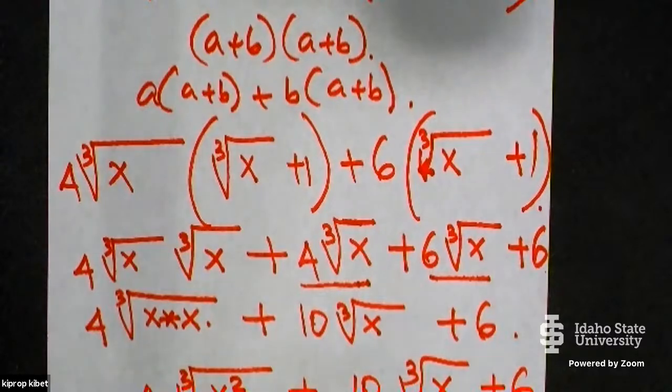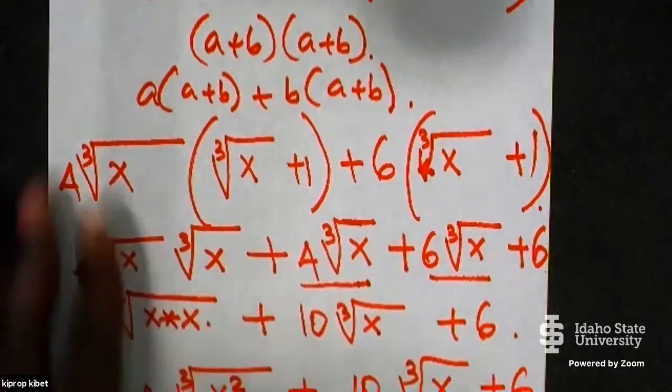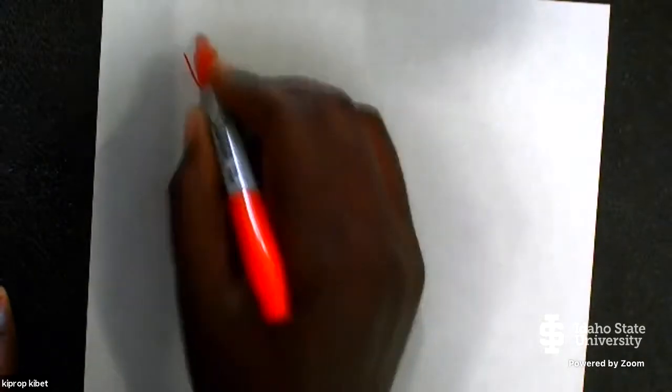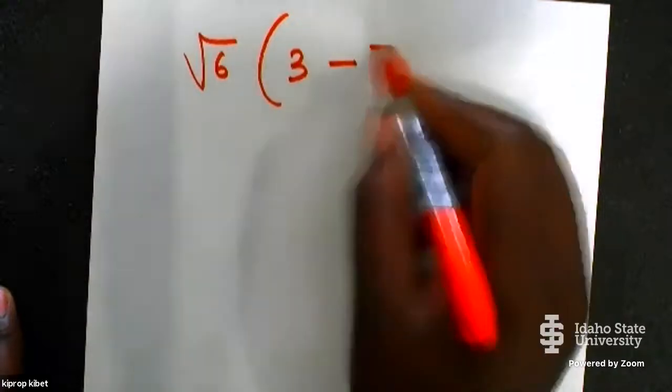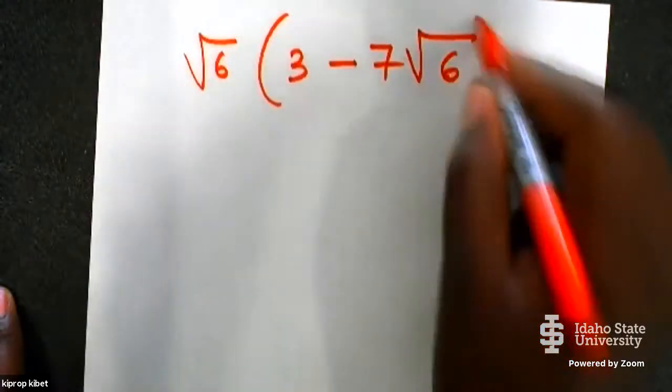Now we can solve the final example here. The square root of 6, 3 minus 7, the square root of 6.